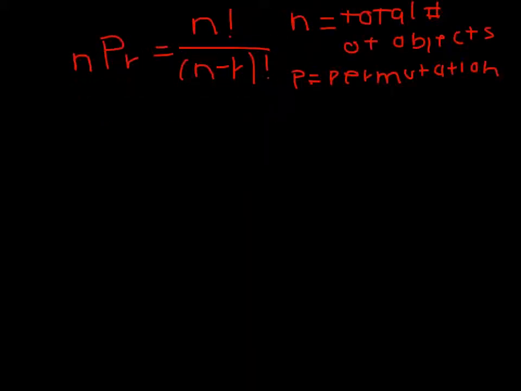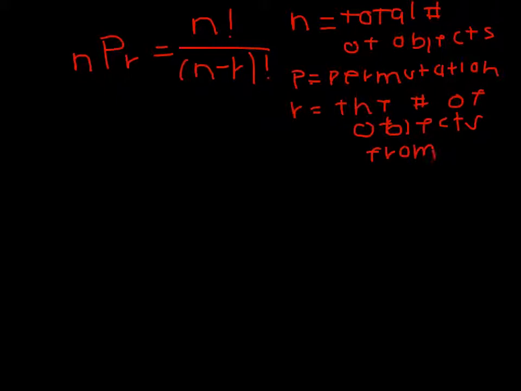Now, what r represents is the number of objects from a group. Last but not least, what you already know is factorial, which is equal to the product of the numbers below it.